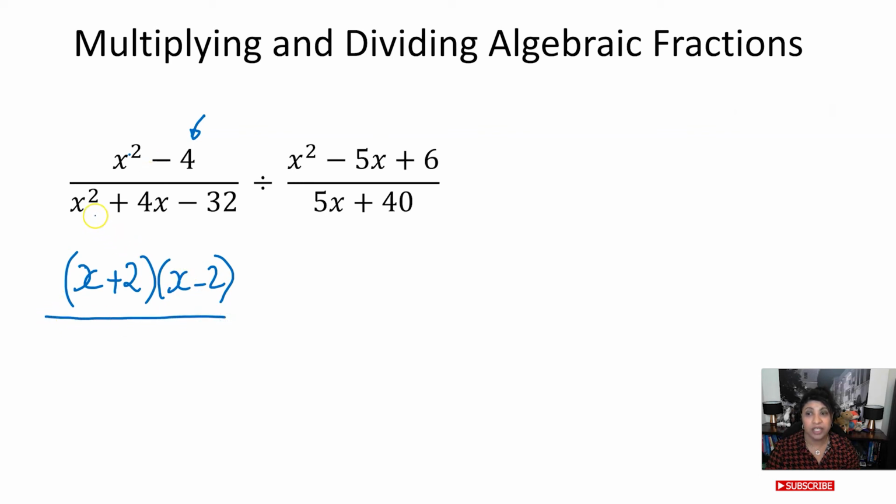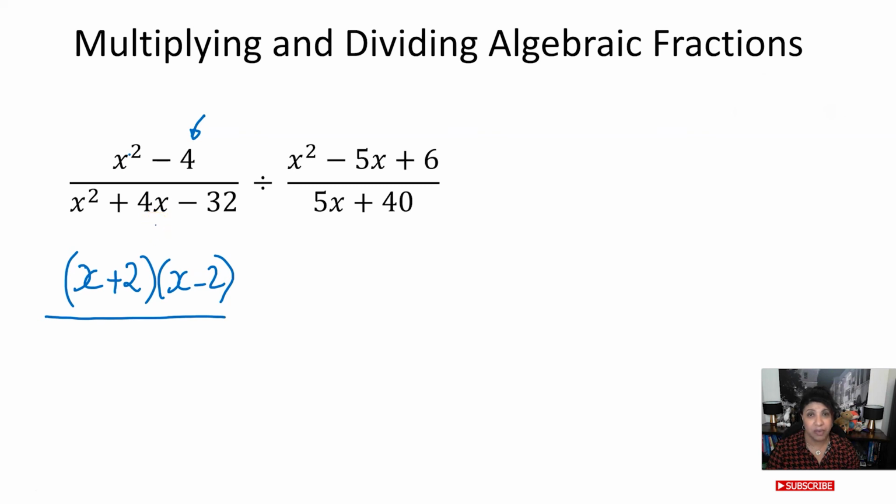And now for this one, what do I need to do? Well, I've got 32. Two numbers that you multiply to get 32, but when you add or subtract, they will give you a 4. Should we try with 8? 8 times 4. If I do 8 take away 4, that will give me 4.